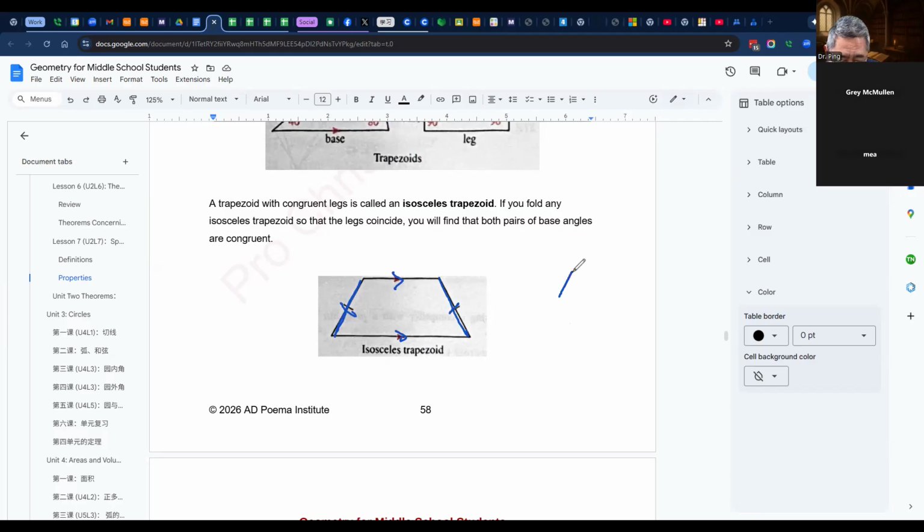We learned in the past about the isosceles triangle, where this and this are congruent. So it's similar to an isosceles triangle, except that this time we have a quadrilateral. You can also think about this isosceles trapezoid as actually part of an isosceles triangle. You can see that if you connect them.